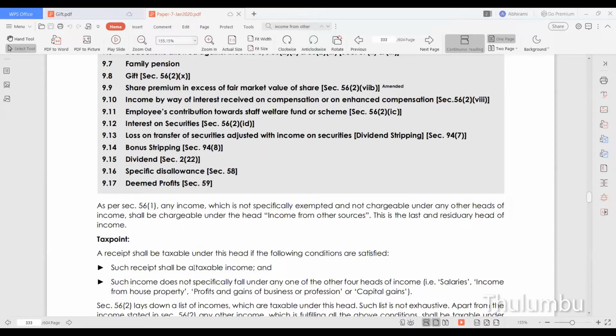First one, it should be a taxable income, and such income does not specifically fall under any one of the other 4 heads of income. So these are the 2 important criteria for taxing this income under income from other sources.